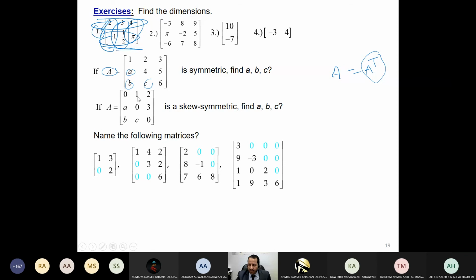Do it. I will give you a couple of minutes to solve it before I start solving it.